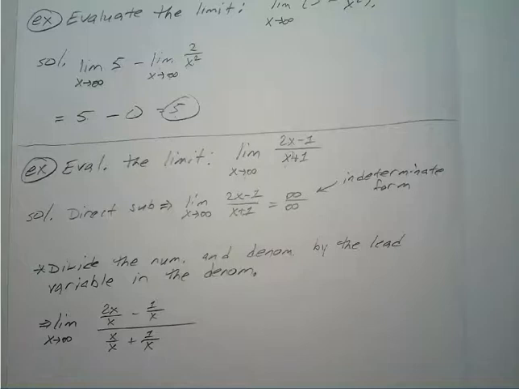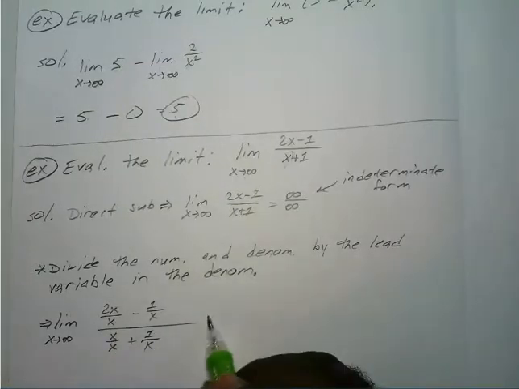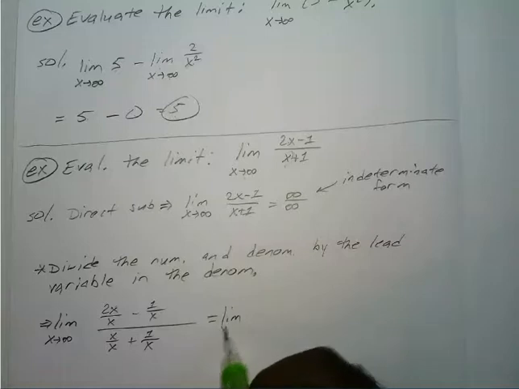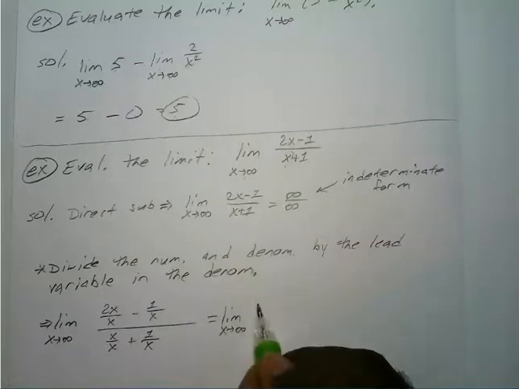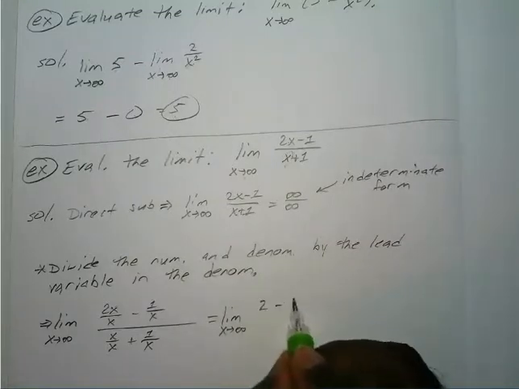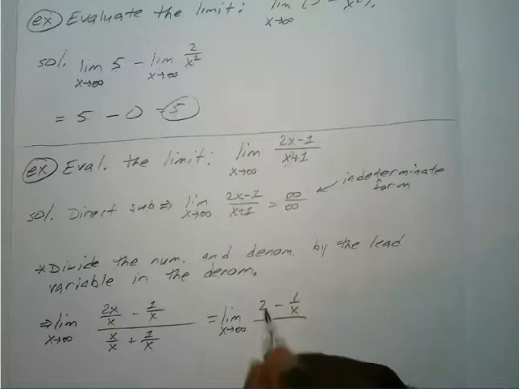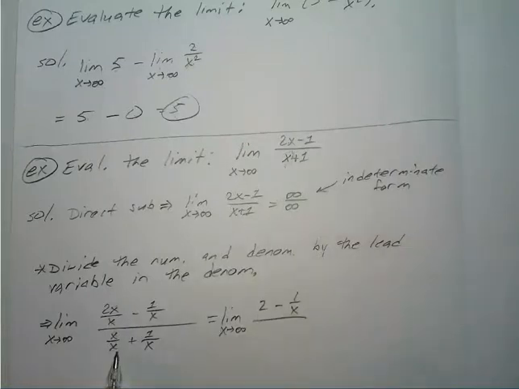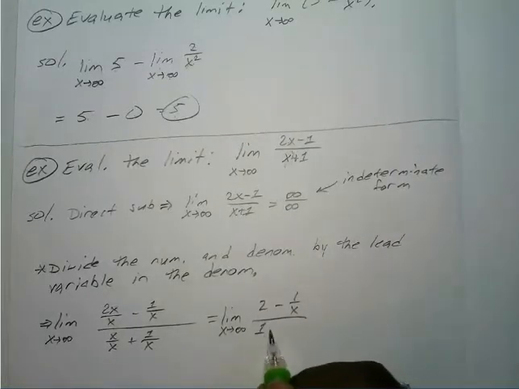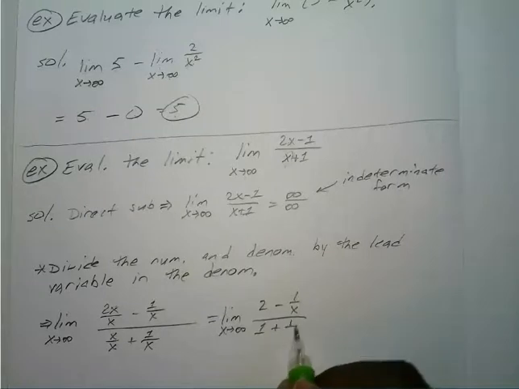Now we see here the 2x's cancel out. So we're going to write the limit as x approaches infinity of 2 minus 1 over x over 1 plus 1 over x.